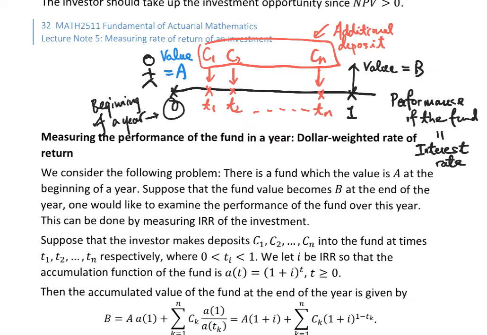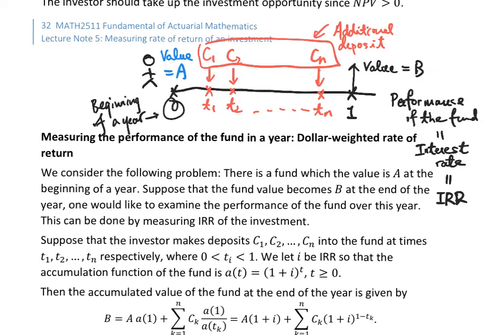Of course, the easiest way to do that is to measure it using the IRR, isn't it? Remember, the IRR is the annual effective interest rate, which tells you the exact amount of the interest earned by this investment over the year. So let us try to measure it using this IRR.